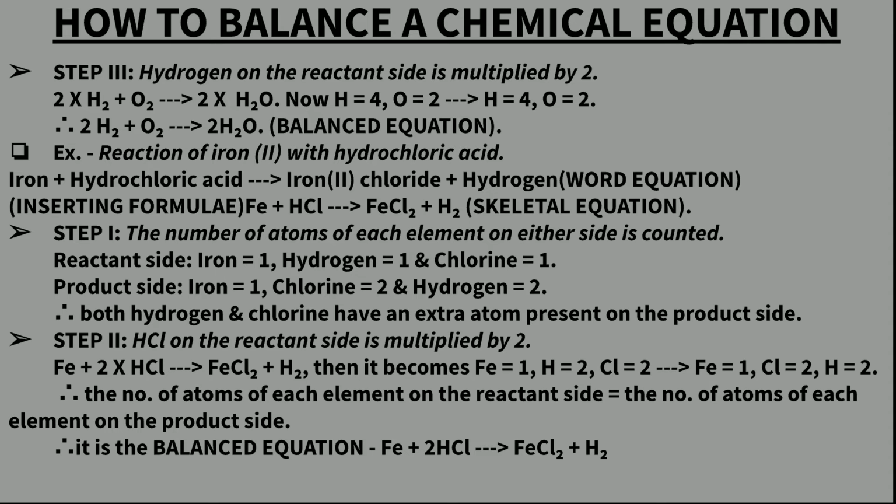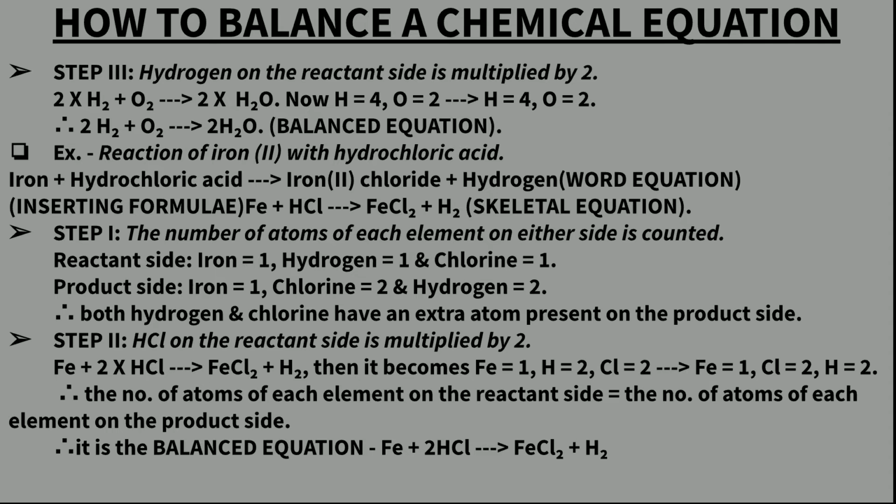Therefore, we see that both hydrogen and chlorine have an extra atom on the product side. Now according to step 2, we will multiply the HCl, the hydrogen chloride present on the reactant side, by 2.